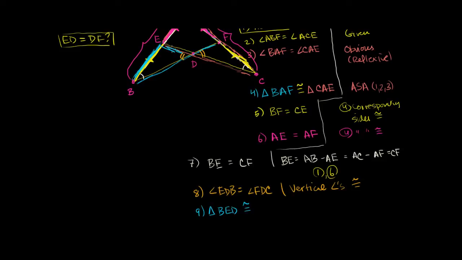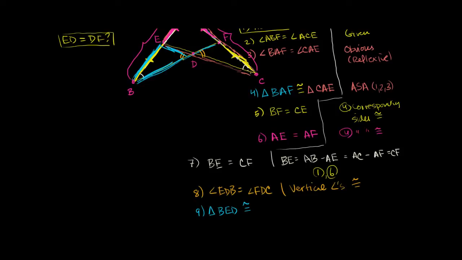We know that BED is congruent to a triangle, and we want to use the same sides. White angle, yellow side, then orange angle. Let me be careful here. B is the white angle, E is the unlabeled angle, and then D is the orange labeled angle.